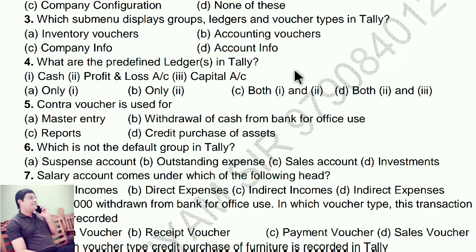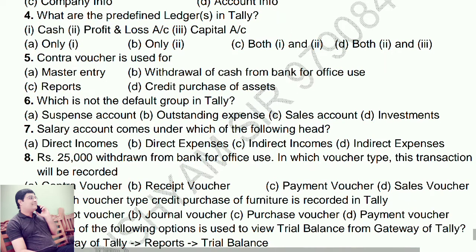Fourth question. What are the predefined ledgers in Tally? The answer is C, both 1 and 2. Cash and profit and loss account are predefined ledgers in Tally.